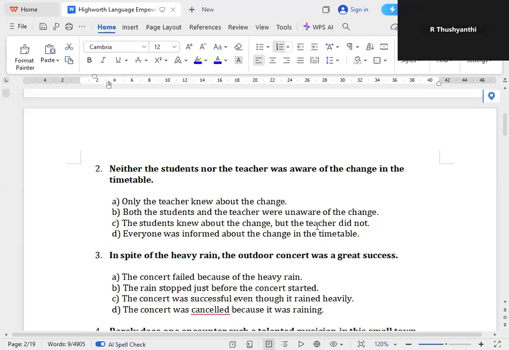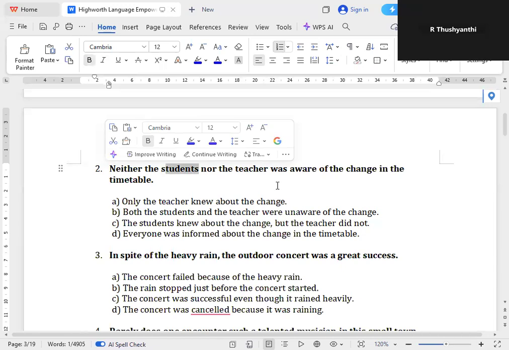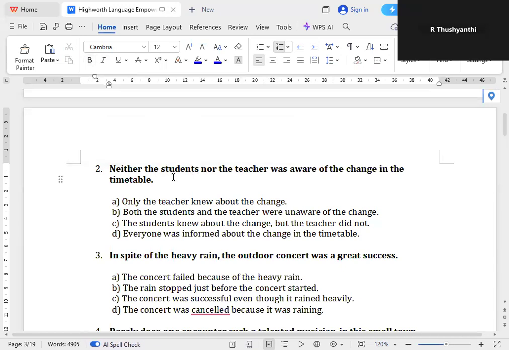Neither the students nor the teacher was aware of the change in the timetable. Neither the students nor the teacher means both. Okay, the students and the teacher both didn't know of the change in the timetable.